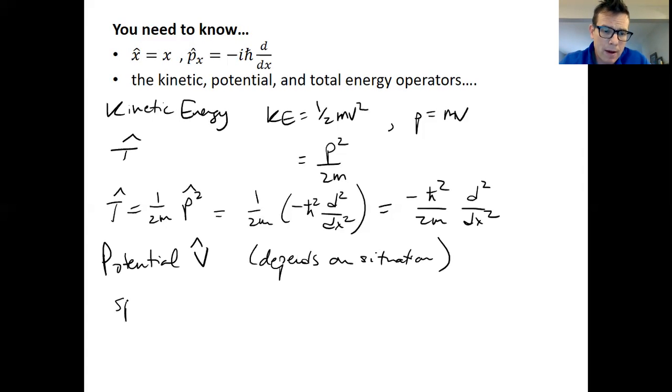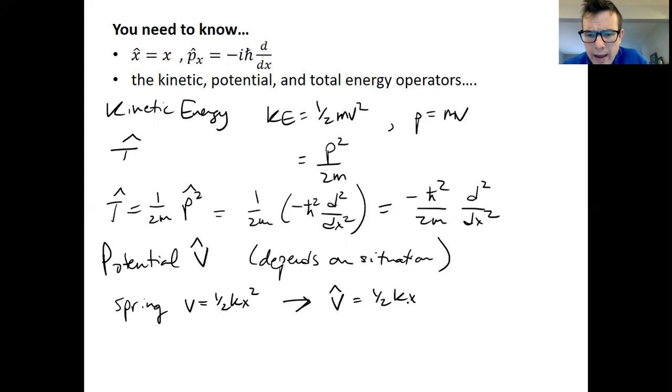One example might be a spring. You may remember that the potential energy for a spring is 1/2 k x squared. And so in this scenario, the potential energy operator V hat is equal to 1/2 k x squared.